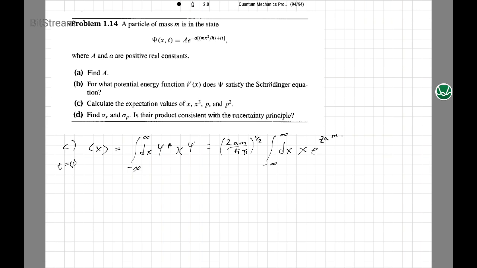Oh, and then we have 2 of those over h bar. So this integral equals 0 because it's odd.